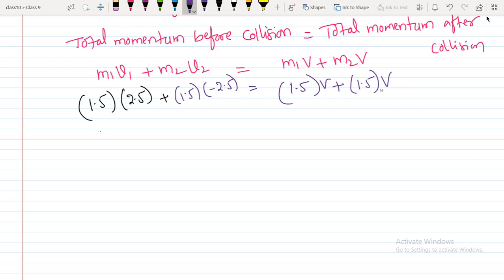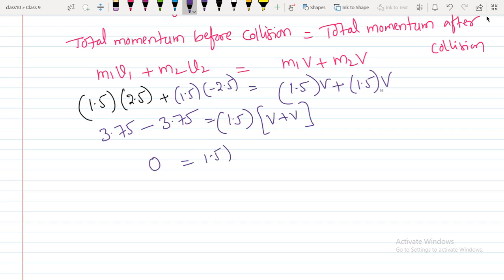So here I get 3.75 with negative and 3.75 is equal to, I have taken 1.5 as common, so I get v plus v. So 0 is equal to 1.5 times 2 times v. So finally we can write 0 equal to 3 times v. Therefore the final velocity v equal to 0 upon 3, which is equal to 0.